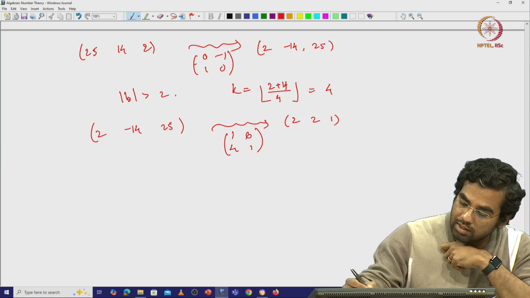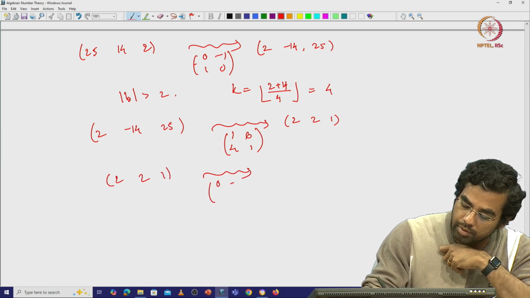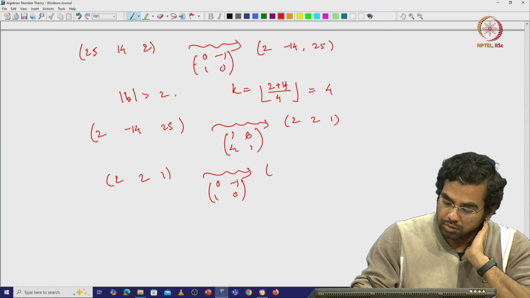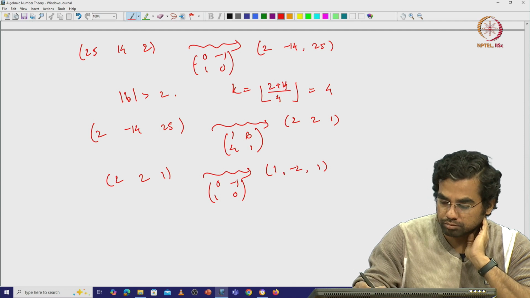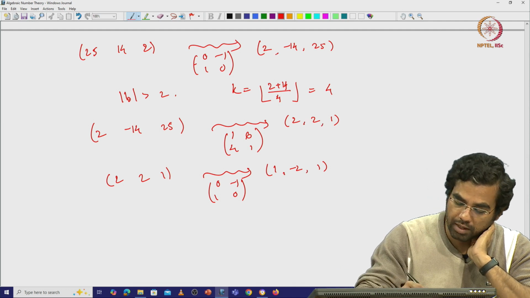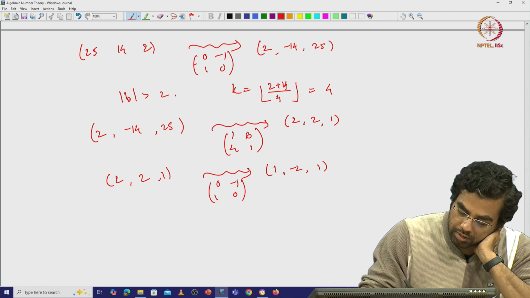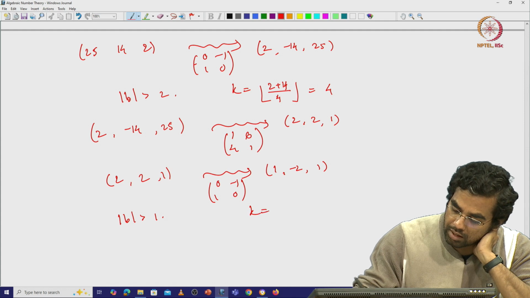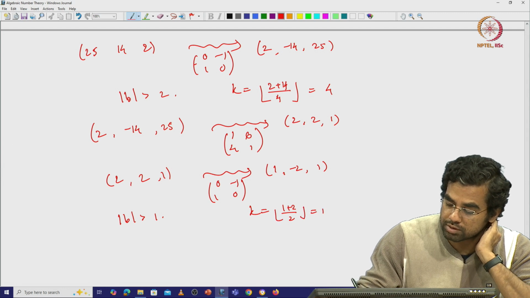Then again that thing, 2, 2, 1, is equivalent, using 0 minus 1, 1, 0, to 1, minus 2, 2. And so, again we are in the same issue that mod b is bigger than 1. So, you let k be the floor of (1 plus 2) by 2, so this is 1.